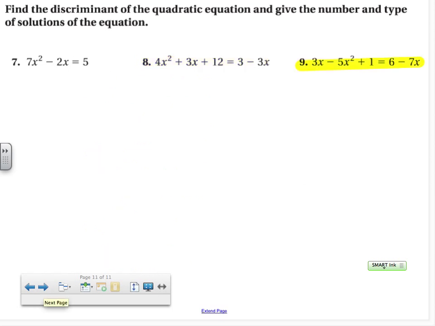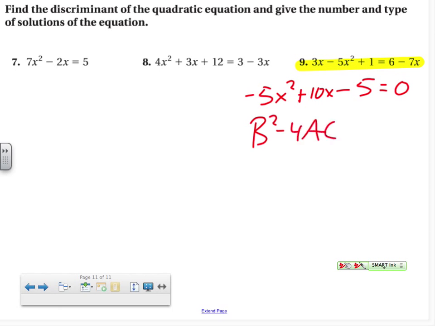We're going to want to get it to standard form. So we're going to have negative 5x squared plus 10x minus 5 equals 0. Okay, we're going to do our discriminant. B is 10, so b squared is 100. A is negative 5, sorry.